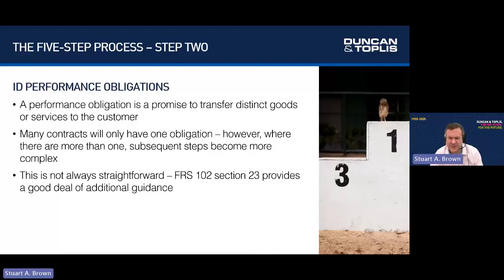An example here would be a mobile phone contract where you buy a phone and you get the handset included in the deal. Well, there's two obligations there from the phone provider company: one, to provide you with the handset, and two, to provide you with the use of that mobile phone. And they're separate obligations within the same contract.